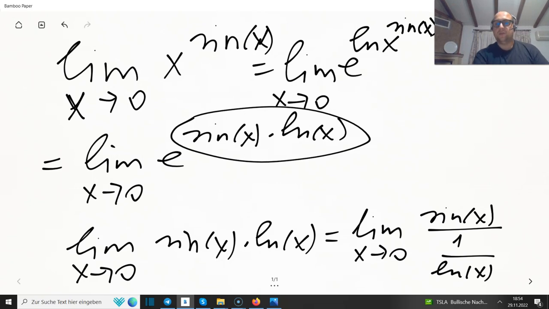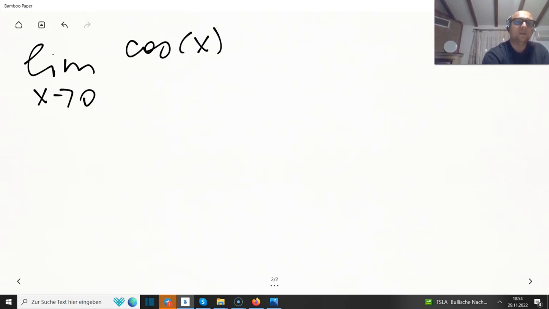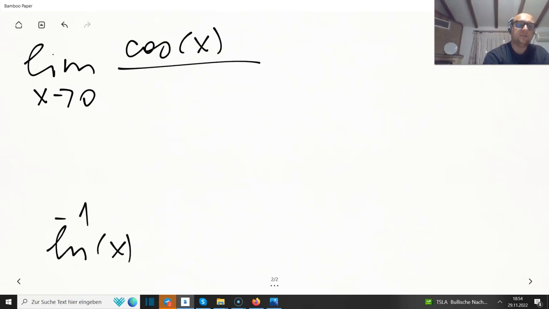So now this is the perfect case for L'Hôpital because the numerator is approaching 0. The denominator is approaching 0 as well because we're dividing 1 by an infinitely large negative number. So let's ask Mr. L'Hôpital for help. We're going to get a limit x towards 0, cosine of x in the numerator. Now we have ln to the power of minus 1 of x.